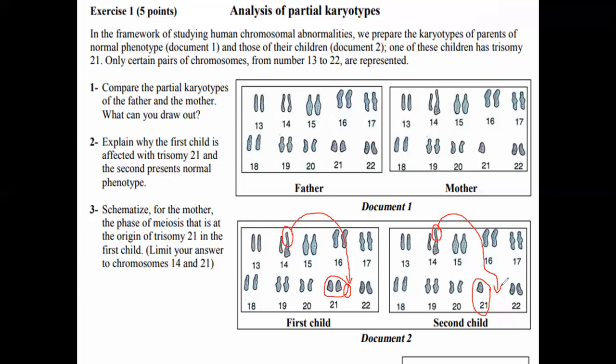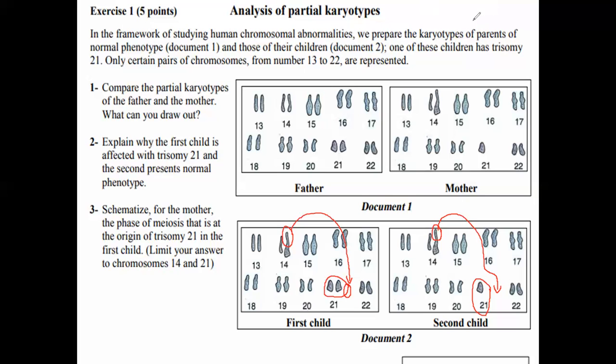43. Schematize for the mother the phase of meiosis that is the origin of trisomy 21 in the first child. They said you have to limit your answer to chromosomes 14 and 21.